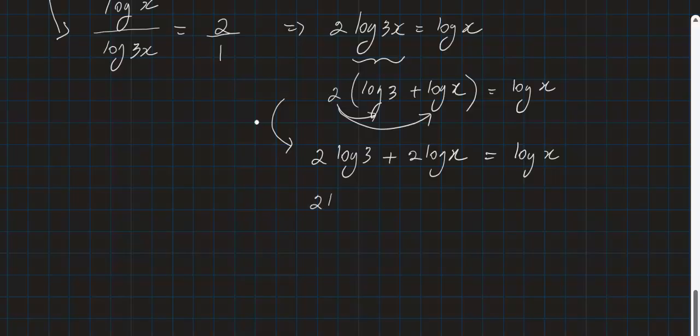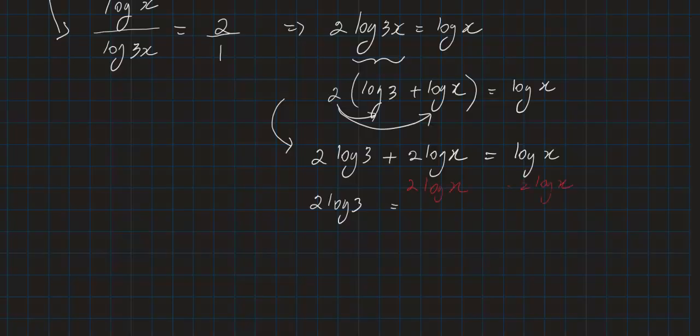So we're going to leave 2 log 3 alone, and then we're going to subtract 2 log x from both sides of this equation. All right, and what we will have is, on the right hand side, negative log of x. All right, let's simplify.